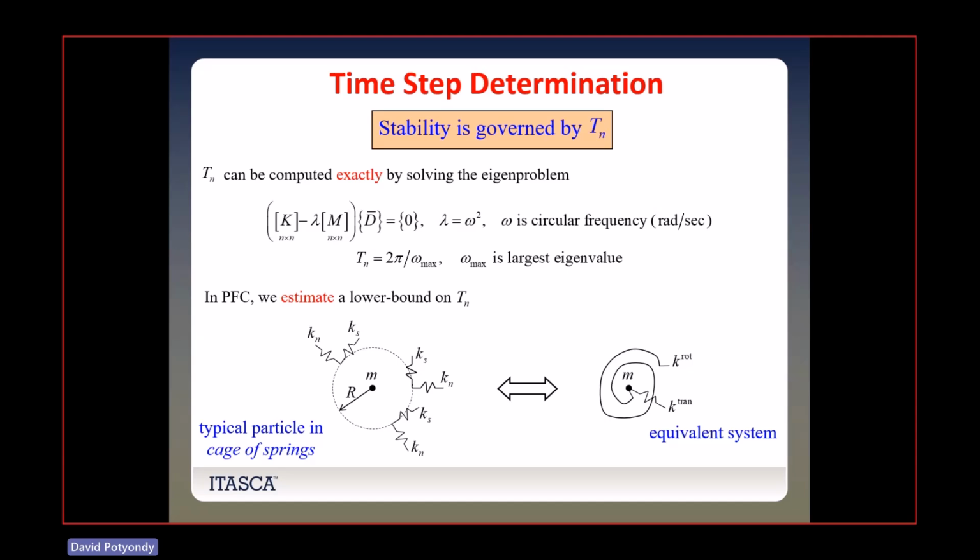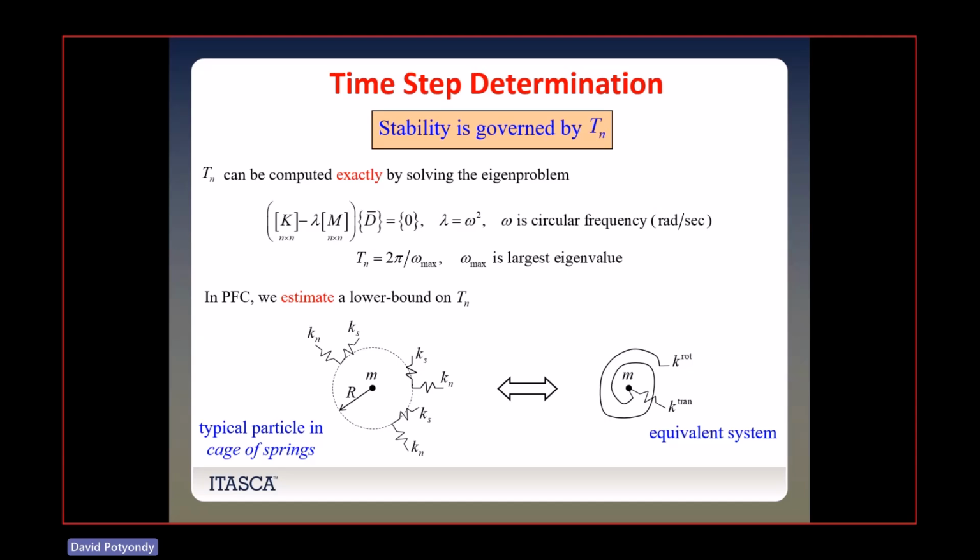This is extremely computationally expensive. Oh, and by the way, every single time step, the system changes. So you have to reformulate everything and solve it again. Clearly, no one does this because it's much too computationally intensive.